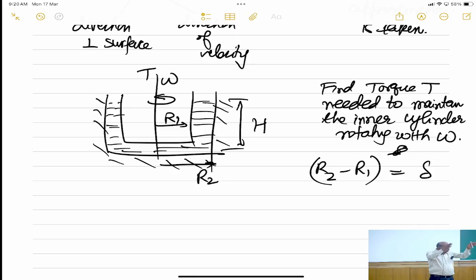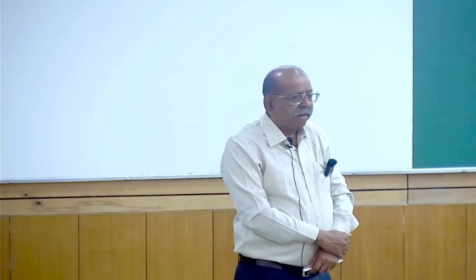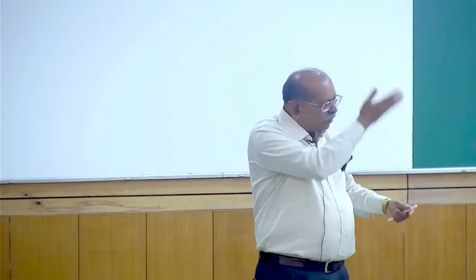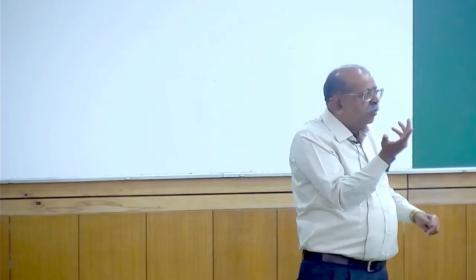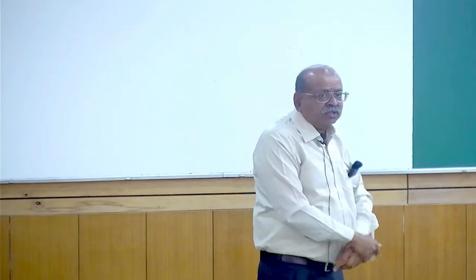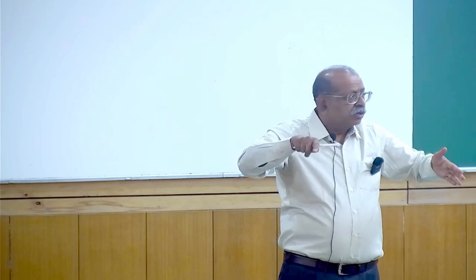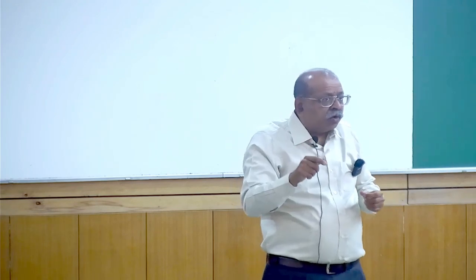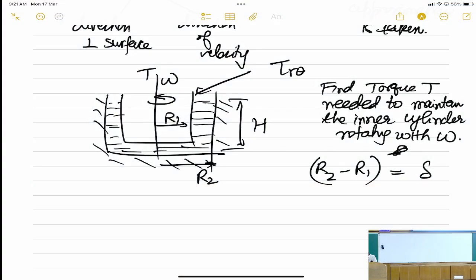Now on the vertical surface, which is the direction of velocity? V theta. In fact, even on the bottom surface, the velocity is only in the V theta direction, omega r. And what is the normal to the surface for the vertical surface? R direction. So you are looking at tau r theta for this surface.